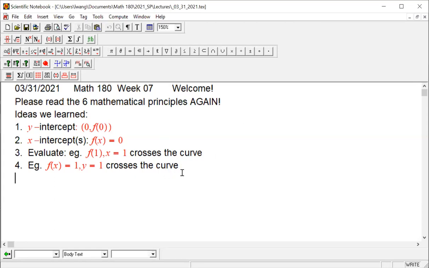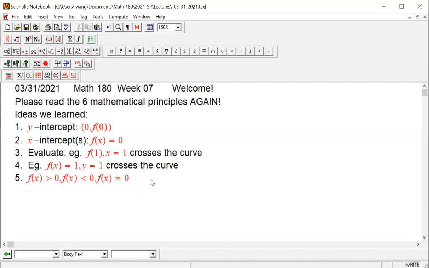So these are the ideas. Now number 5. f of x larger than 0, etc. This includes less than 0, and there are other cases, like equal to 0. 3 basic cases.